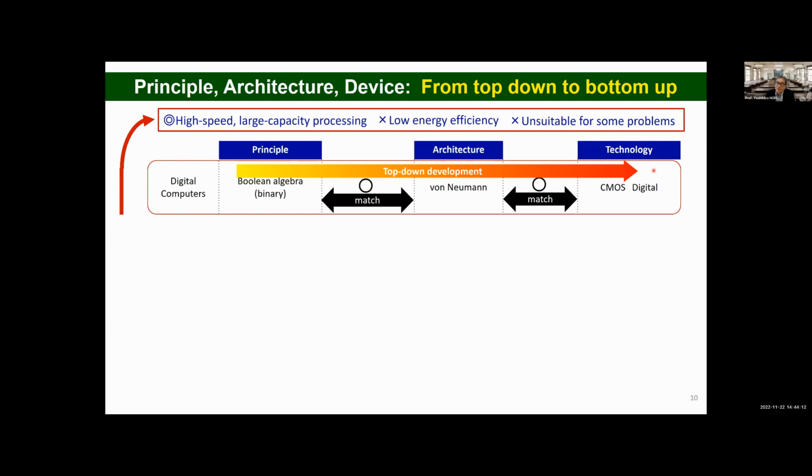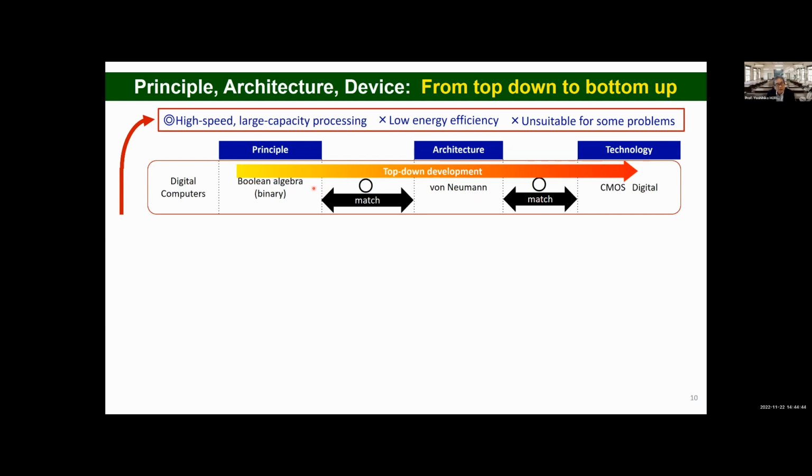In the early era, the vacuum tube was used, and then BJTs, bipolar junction transistors, and now almost all digital computers are constructed using CMOS digital device circuits. So this was done by a top-down approach, and those principles, architectures and technologies were very good.